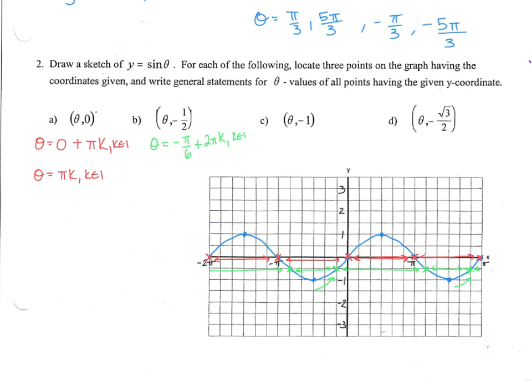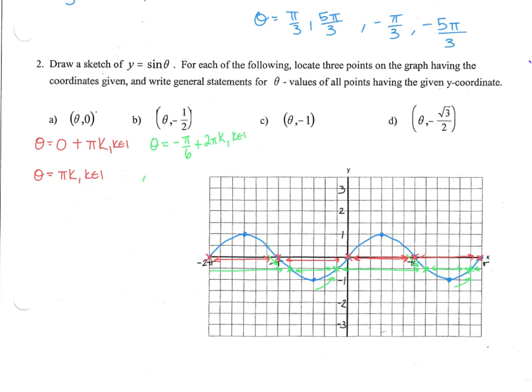I then can look at where am I falling to a y value of -1/2. And I notice, okay, that's going to occur after a full rotation. I notice I'm π/6 past π.